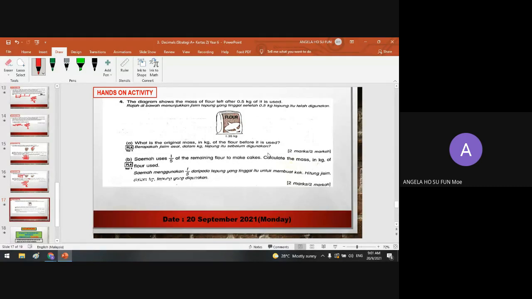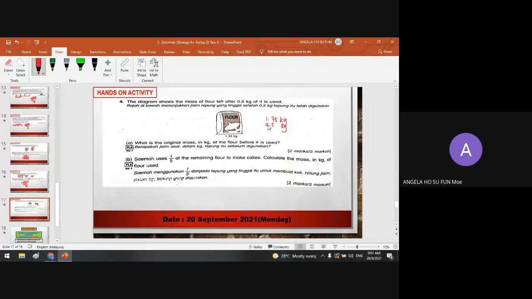Anyone? Plus. Okay, very good. So remaining plus the used amount is the original mass before you use. Very easy only. 1.35 kg, put 0.5 kg plus together.